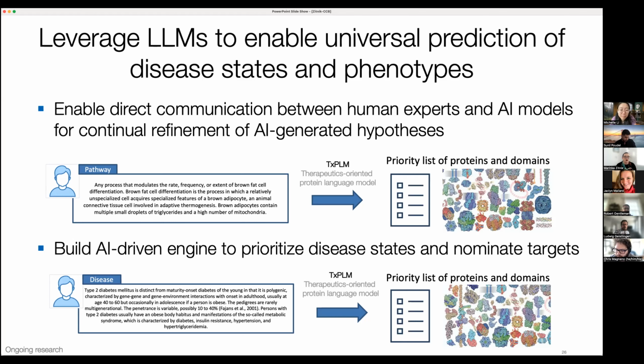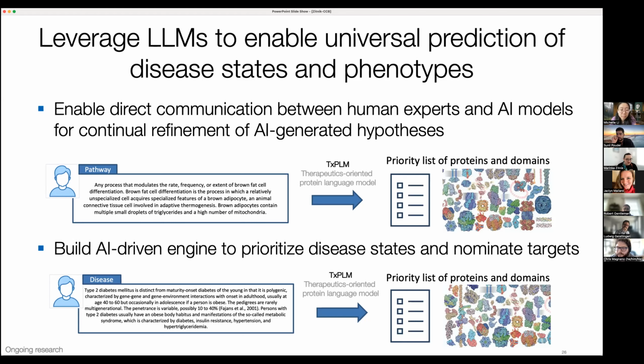So a version of the model that we are developing now is called TXPLM, which is a therapeutics-oriented protein language model. It's an architecture that has two key components. So it has the backbone language model that is trained on protein sequences that captures biological knowledge, and a front-end language model trained on natural language that allows end users to come and describe their pathway and disease of interest by just providing a paragraph in English language.